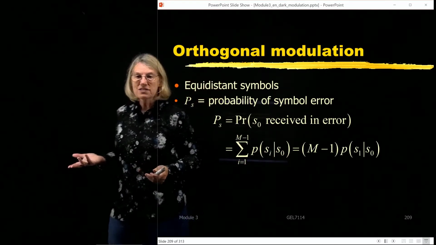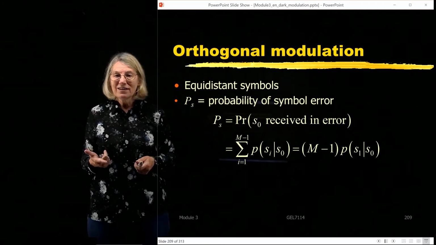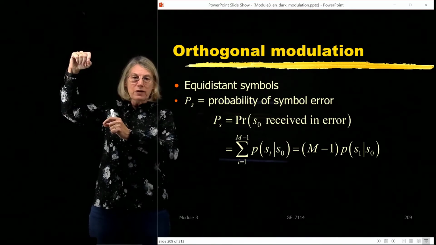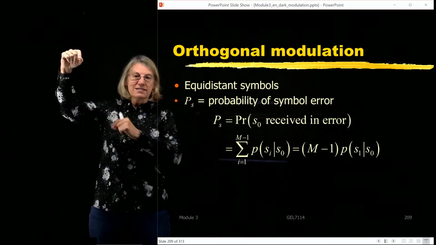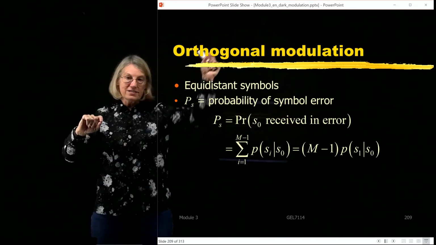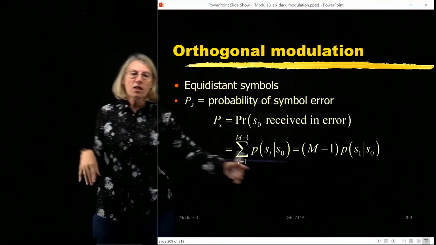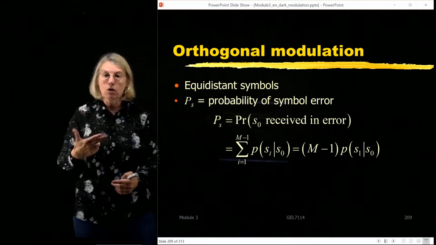But the sum of all those is easy because each one is the same value, right? Because they're all equidistant. So the distance between S0 and S1 is the same as the distance between S0 and S3, is the same as the distance between S0 and S(M-1). So I'm adding up the same number over and over again.